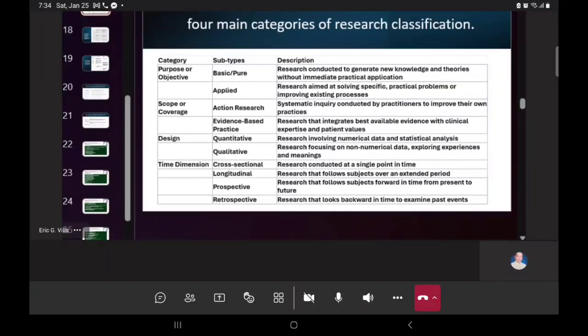Cross-sectional and longitudinal studies can employ either quantitative or qualitative methods. This type of research also has practical applications. Action research and evidence-based practice focus on practical implementations, while basic research informs applied research, creating a knowledge continuum.